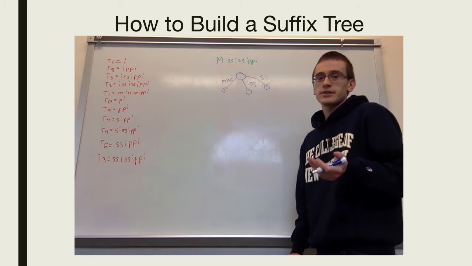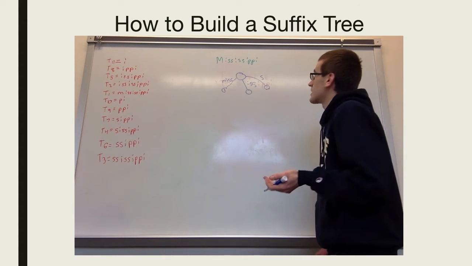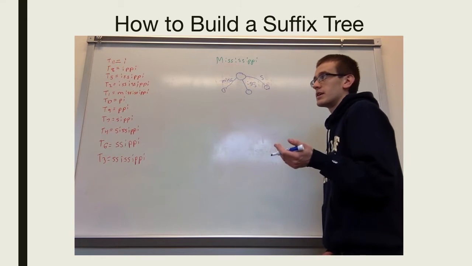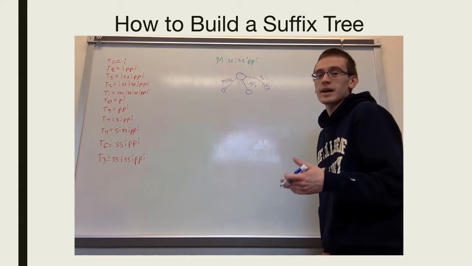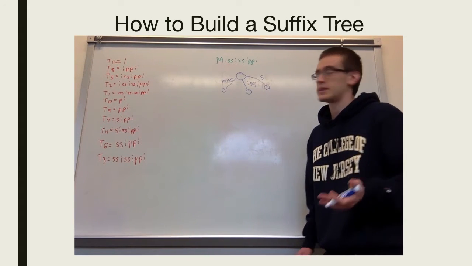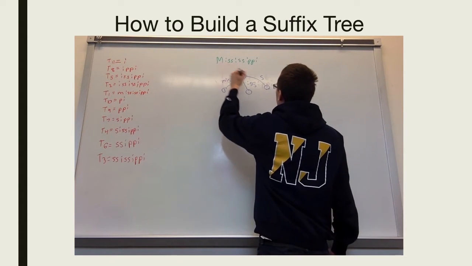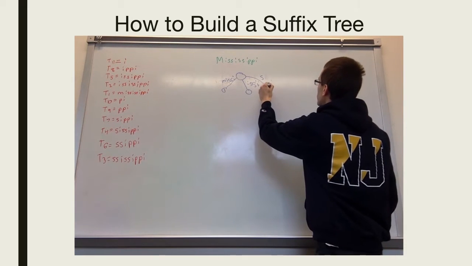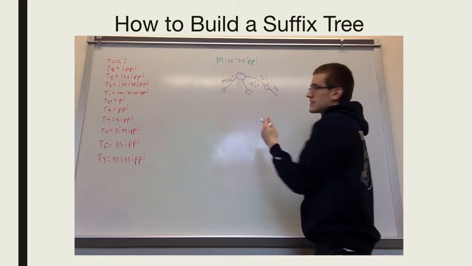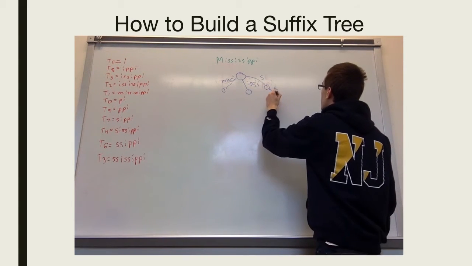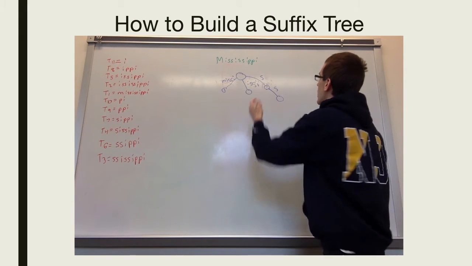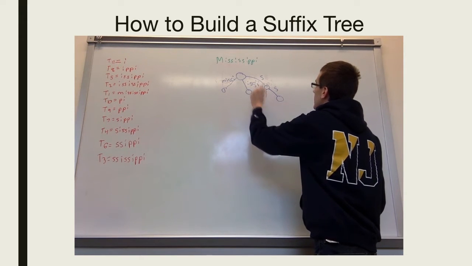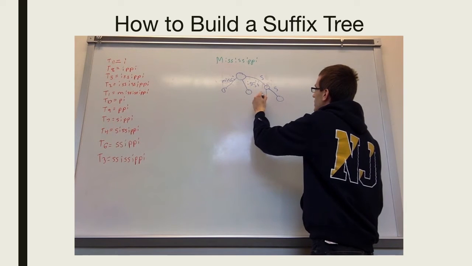The next letter that we're going to add is an I. Since an S is followed by an I and an S is also followed by an S, we're going to have to create a split. So from S, we're going to create another leaf with an S, since S is followed by S. And we're going to create another leaf, I, since an S can also be followed by an I.